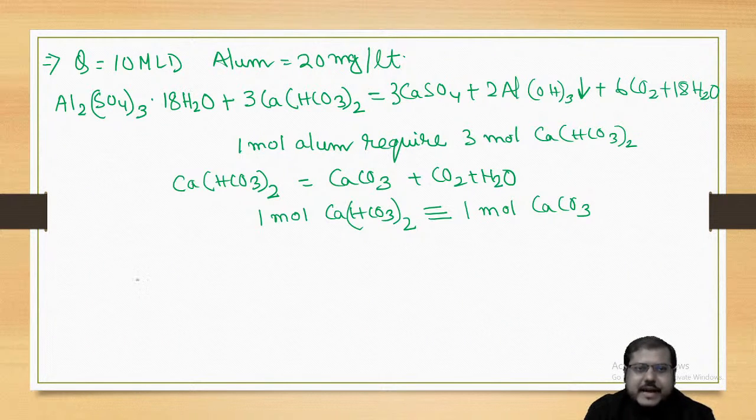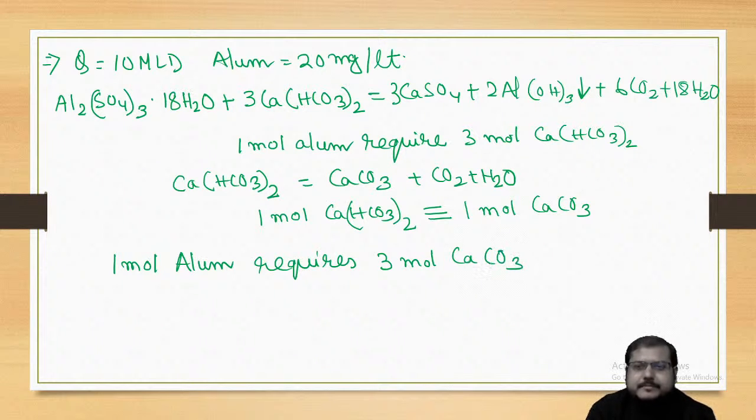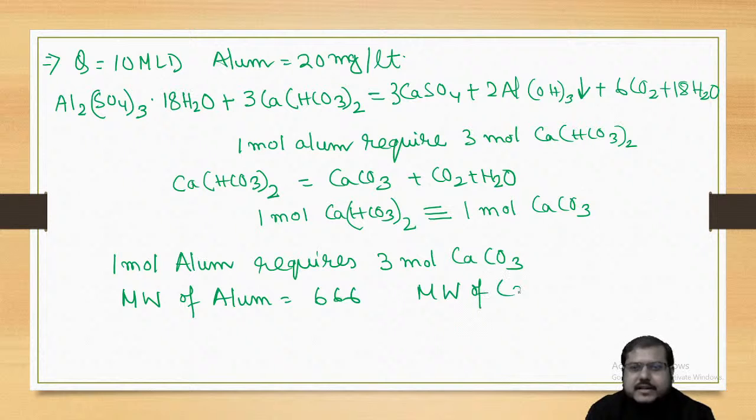So we can say that 1 mole alum, from this equivalency concept, requires 3 mole calcium carbonate. If you solve for the molecular weight of alum, it comes as 666, and the molecular weight of calcium carbonate will be 100.